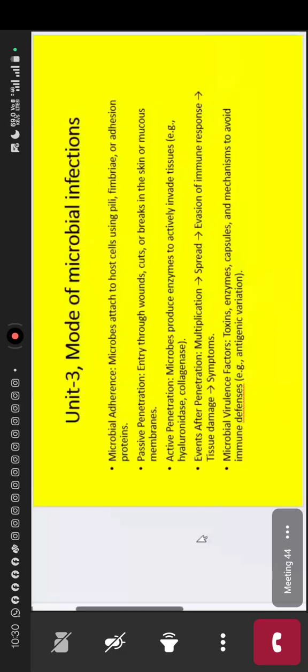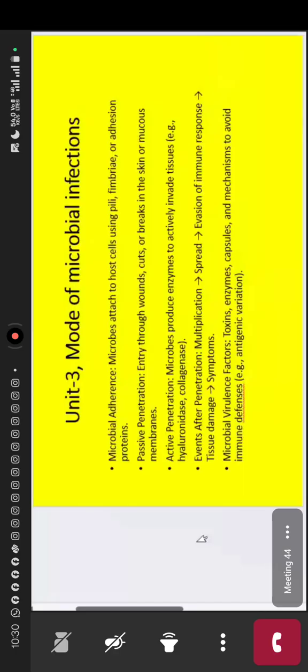To cause the infection, the first step is adherence, right? Number one, a microbe attaches to the host cell.